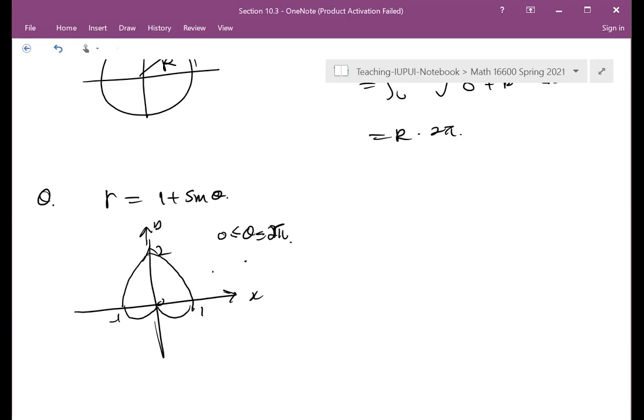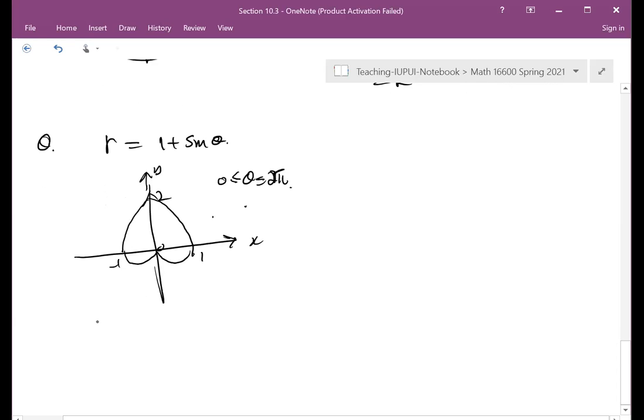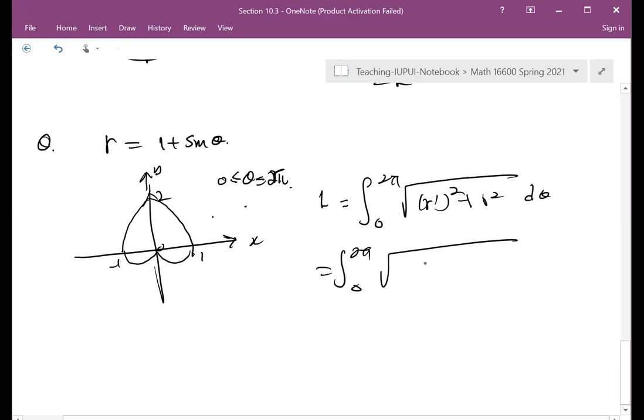What I'm going to do is write down the formula first. So the length, when you do the exercise, you know the length: from 0 to 2 pi, the square root of r prime squared plus r squared d theta. r prime is going to be cosine theta, r is going to be 1 plus sine theta.